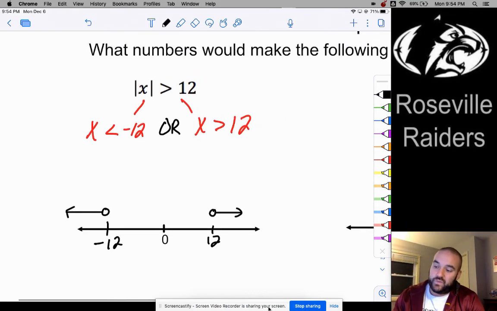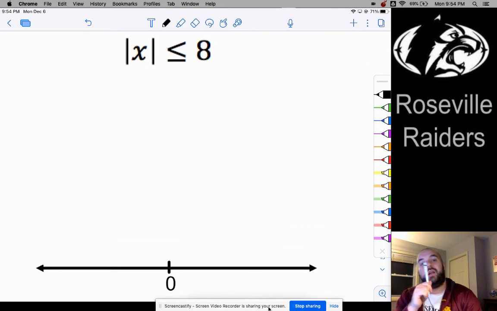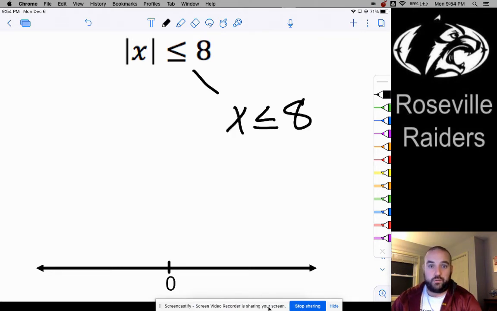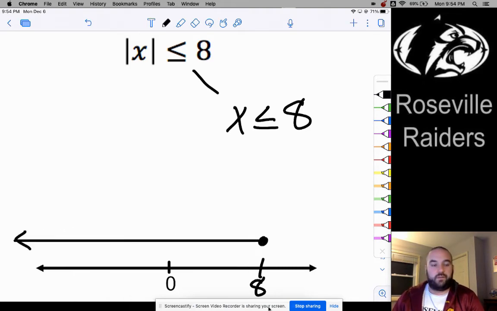So we're splitting it up just like we did with equations, but now we're putting the word or in between them. If it's greater than, because if I ask a similar question, say, what values of x could I take the absolute value of and get something less than or equal to 8? Well, there's two possibilities. X would have to be less than or equal to 8 for sure. But if I just put that on the number line, x is less than or equal to 8, this is bad because this goes on to the left forever, into the negatives, towards negative infinity.